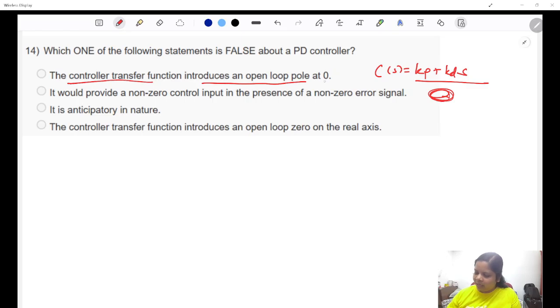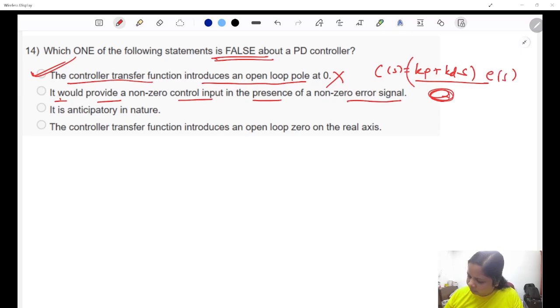So this is definitely a wrong statement, and since the question asks for the false statement, this is definitely a correct option. The other option is it would provide a non-zero control input in the presence of non-zero error signal. So if there is non-zero error signal, it would provide, this is definitely right? Because अगर इसको E(s) से multiply किया, or forget it.